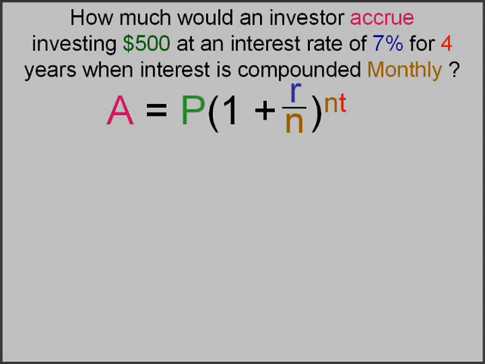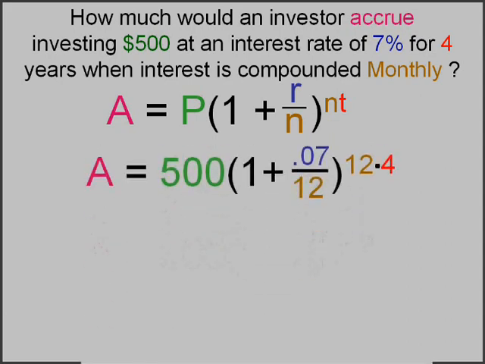You kept it in there for 4 years when the interest is, as typically it is, compounded monthly. Well, let's put the numbers in. Our principal is 500, 0.07 is 7% for the interest, and the magic number for monthly is 12, and the time, T, is 4.